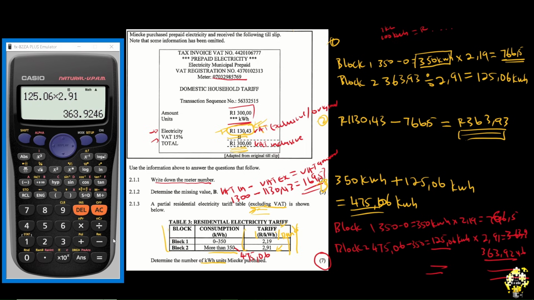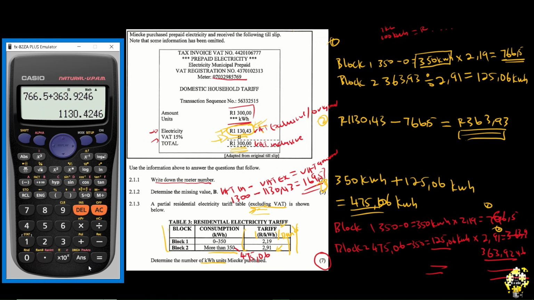Let's work out whether indeed what we did was accurate. First of all, when we work out, this is the price that we should get. Even if it slightly differs, it's still the same price that we're supposed to get. We said this is the first price, this is the second price. 766.5 plus 363.9246.